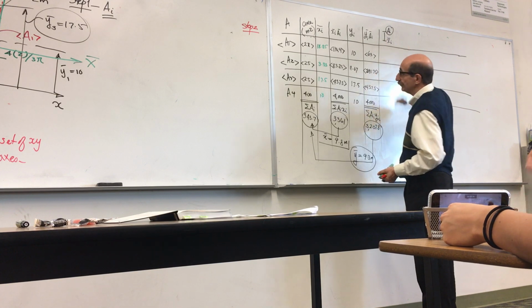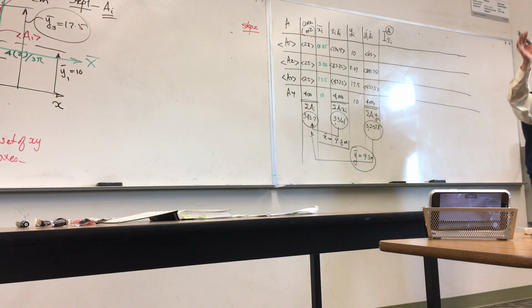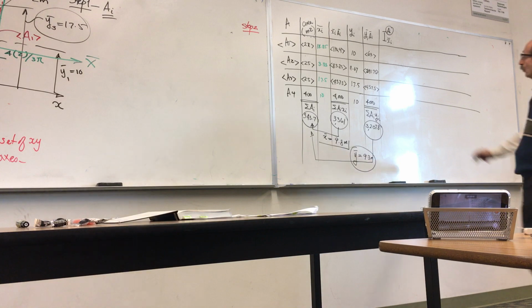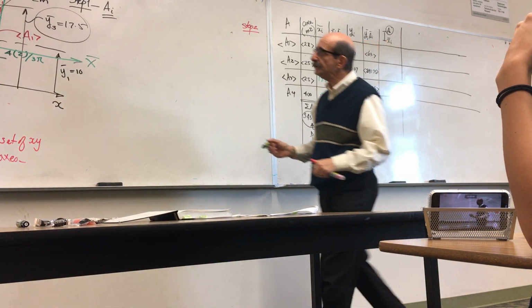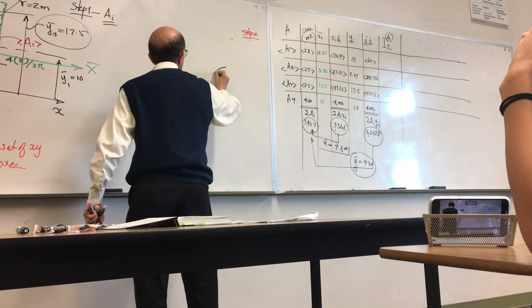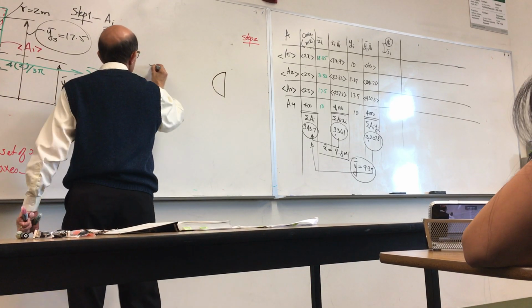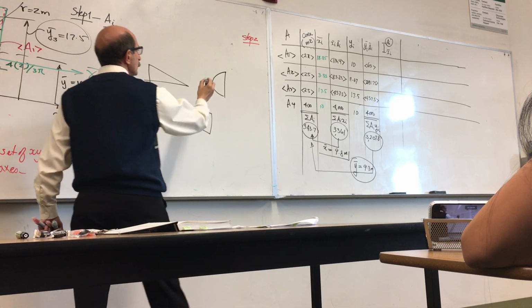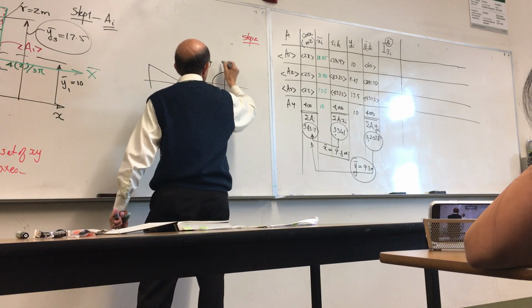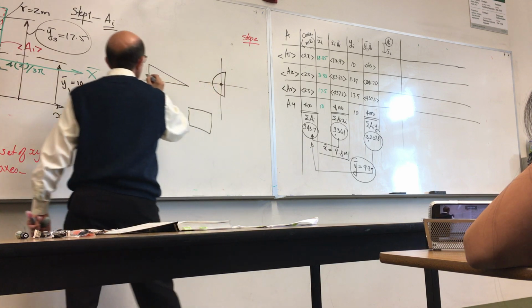I call it like this, for the lack of a better notation. So what you do, you find the moment of inertia of each of these areas. For instance, this guy. You have this, you have this, you have this, right? All of these. Each of them has their own centroidal axes, right?